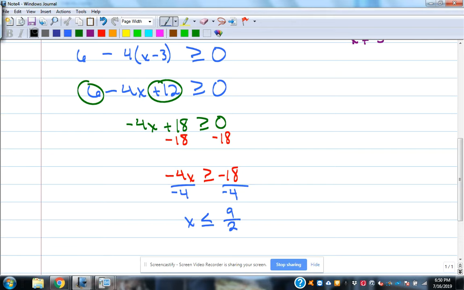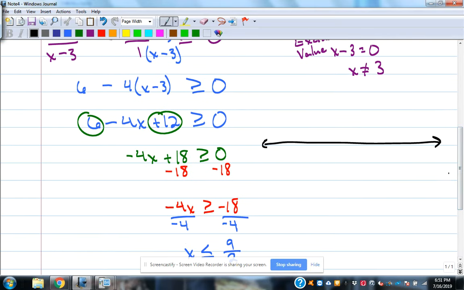Okay. So here, remember when we did the quadratic inequalities, we set up a number line. And we put our answers on the number line. With this, we've actually got 2 different numbers that are affected here. One of those numbers is the 3. Right?